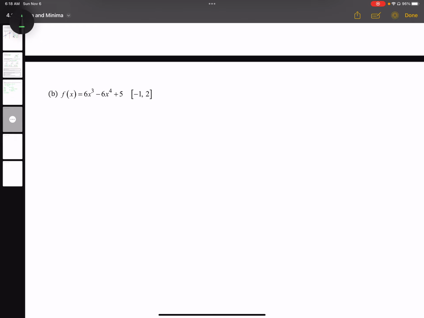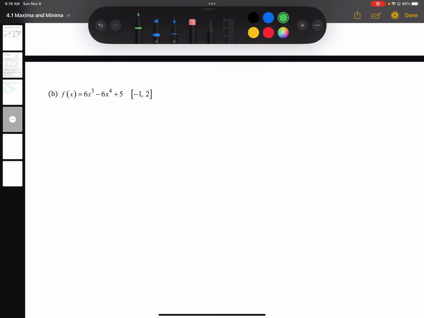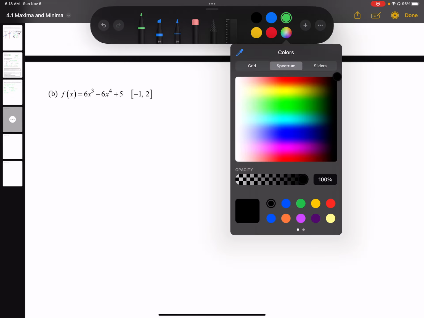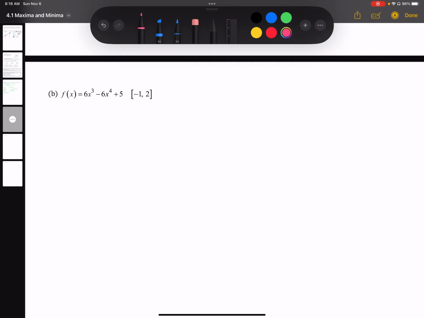evaluate our function at the endpoint values. I'm going to just change my color. So f of -1: -1 cubed is -1, so we're going to get -6 minus 6 plus 5, which is -7.